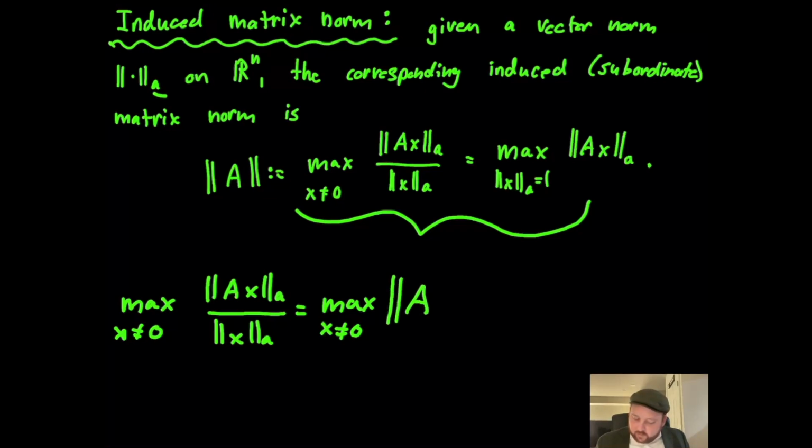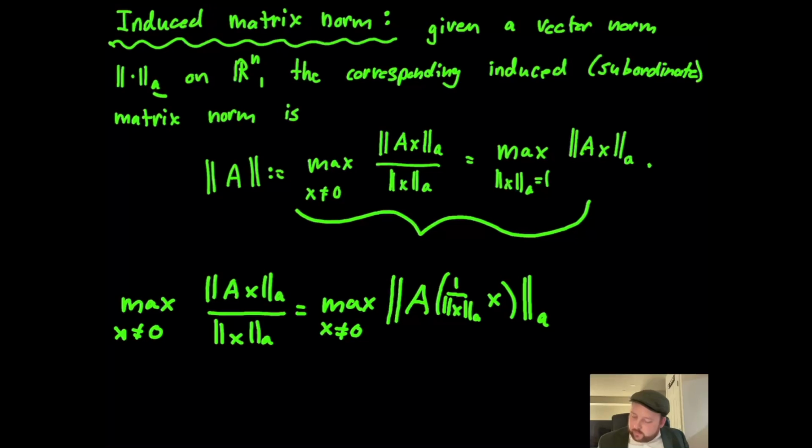Here I've absorbed 1 over the norm of x times x. I've just pulled that scalar, 1 over the norm of x, all the way into the expression above, which I'm allowed to do.